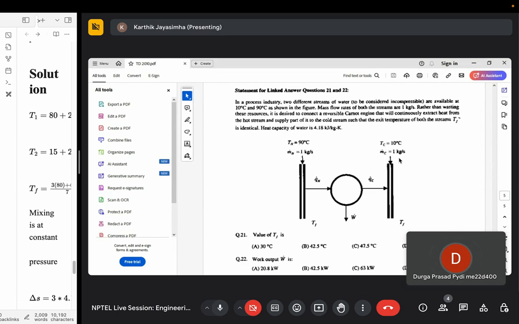Heat capacity of water is 4.1. You need to find the final temperature. So what did you use here?